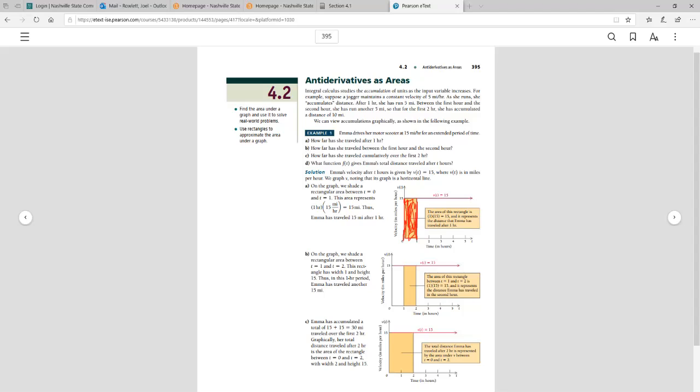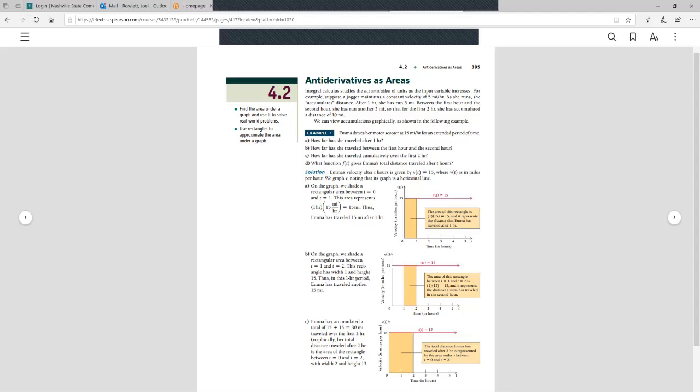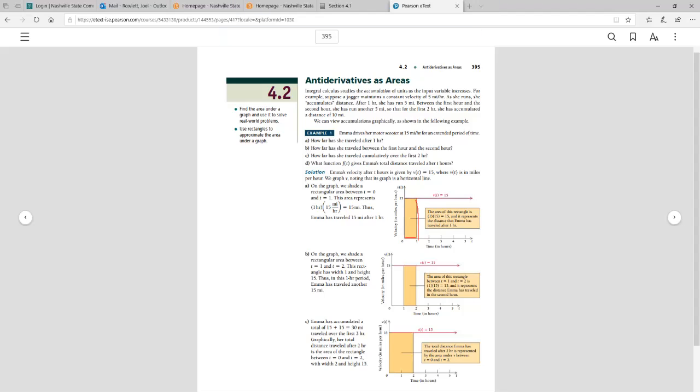Now, I could spend all day shading this in, but instead the author has done that for us. So if we look at the area of that first rectangle, notice that the area is 15 because this is 1 times 15, right? Base times height, that gives us 15, and it represents the distance that Emma has traveled after 1 hour.